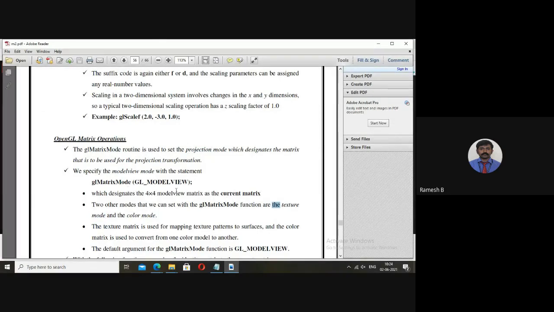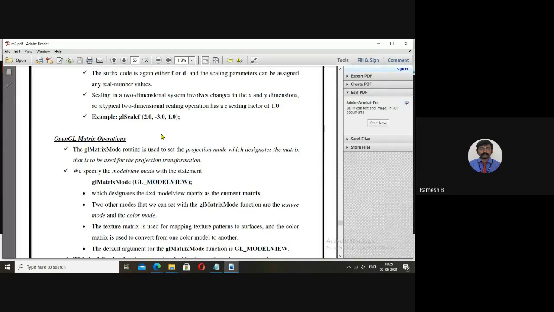So model view mode, texture mode, and color mode, we can display an object in these modes. So gl matrix mode, here gl underscore model view is a constant. If we pass this constant to the matrix mode function, it initializes a stack of values, which does the model view.